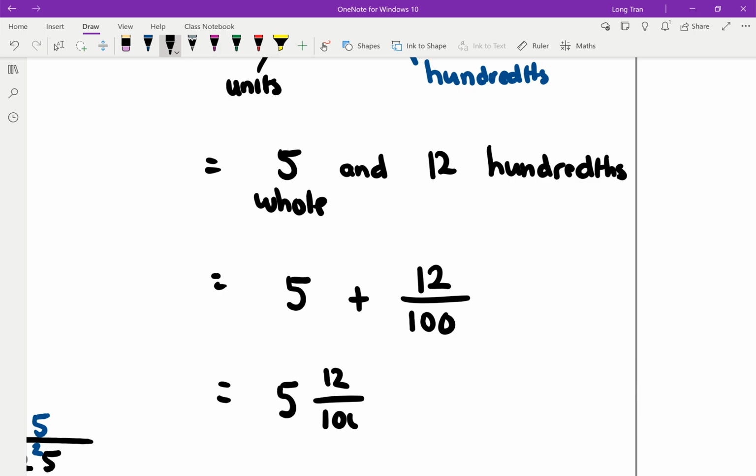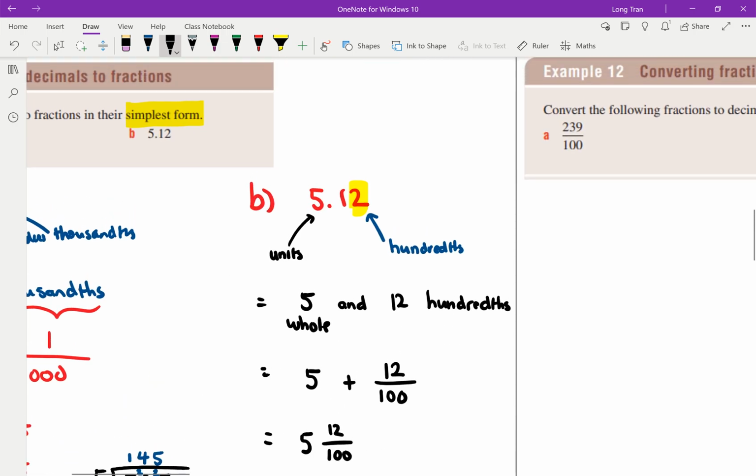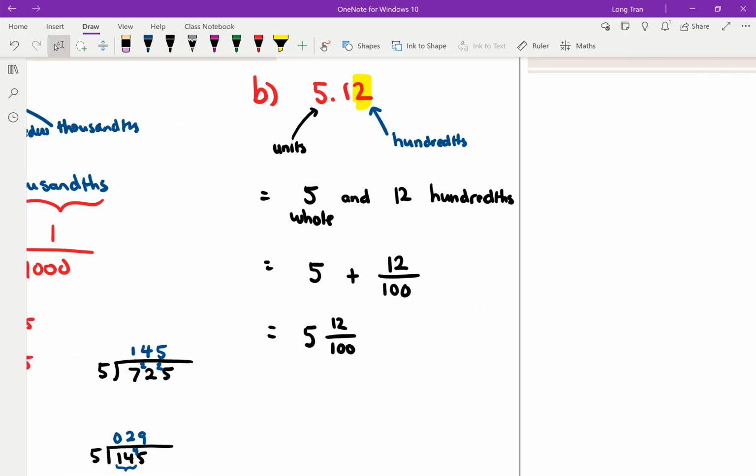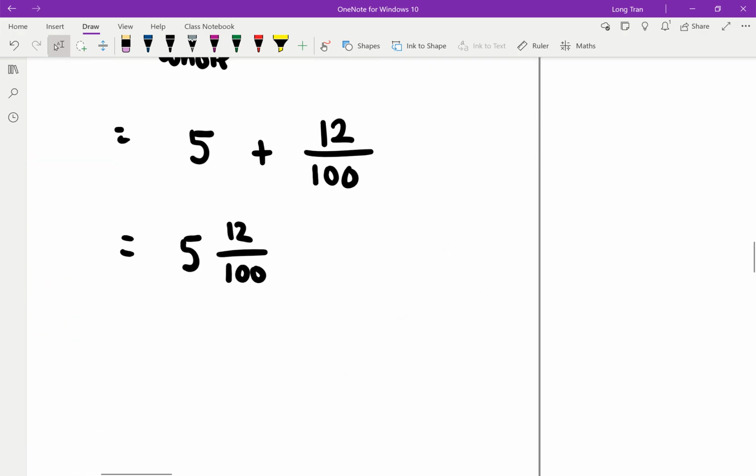That's it. But now we want to reduce this into the simplest form of a fraction. This is where we look at this and say, can we reduce the 12 and the 100? We look at common factors. Well, 12 and 100 are both even numbers, so I can try dividing both by 2. If I do that, this gives me my next line, 5 and 6 over 50.